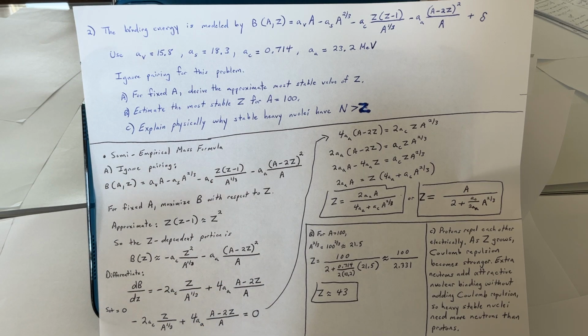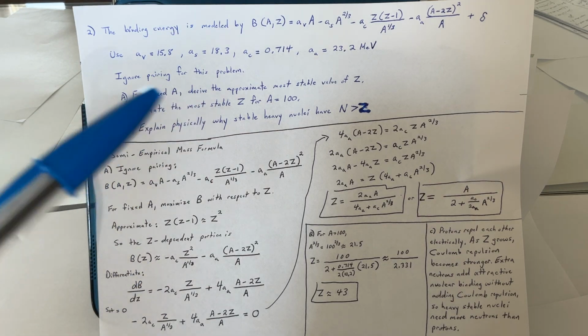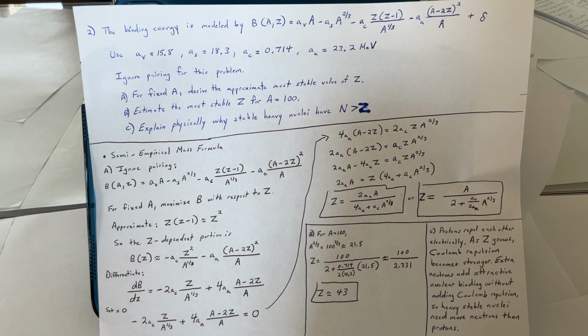We're going to set this equal to 0 because we want to derive the approximate most stable value of Z. So set it equal to 0.